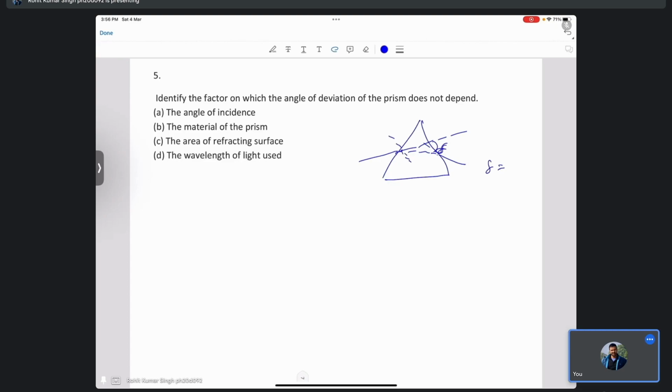It doesn't depend actually. So out of these, which does not matter for this angle of deviation? Please answer. You should be able to answer this, I think.